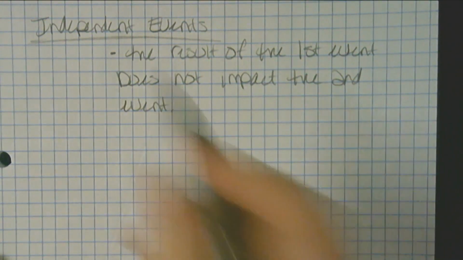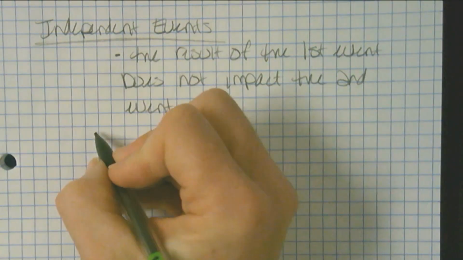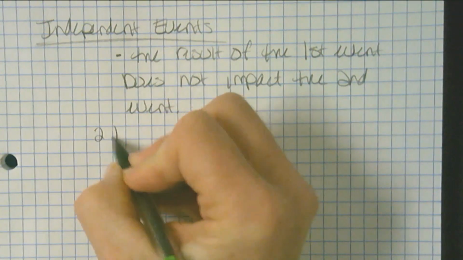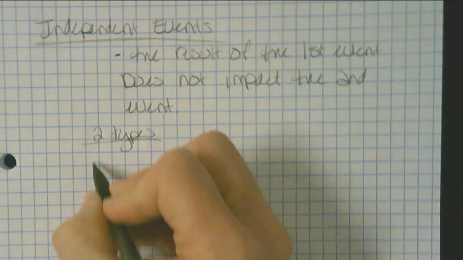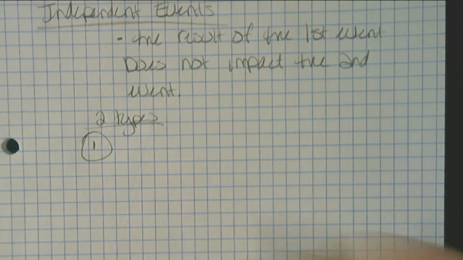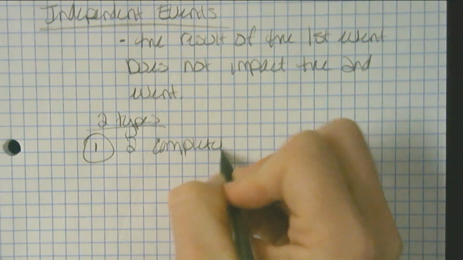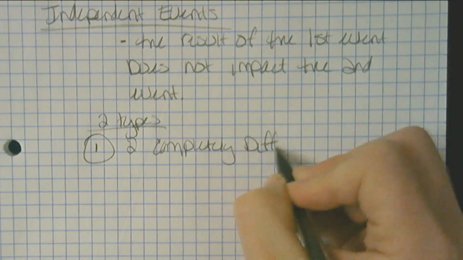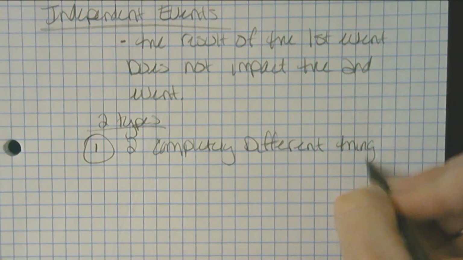There are actually two different types of independent events. My first type is when we have two completely different events happening. Two different things happening.